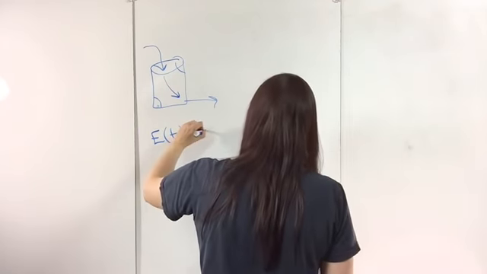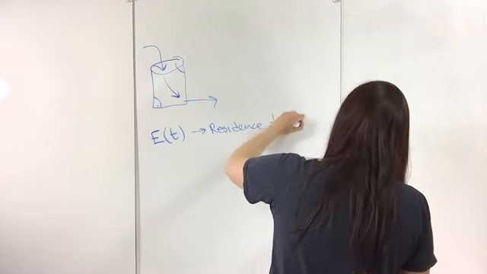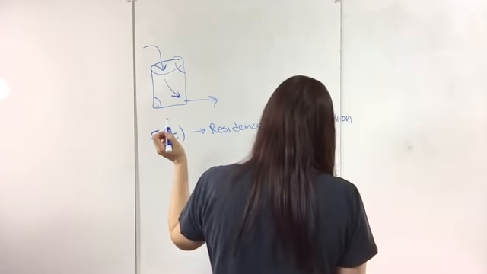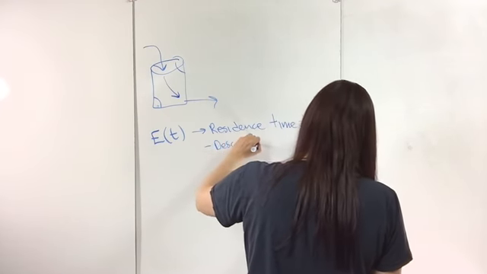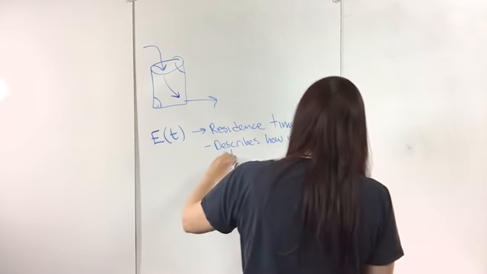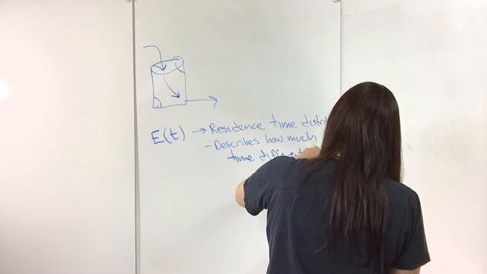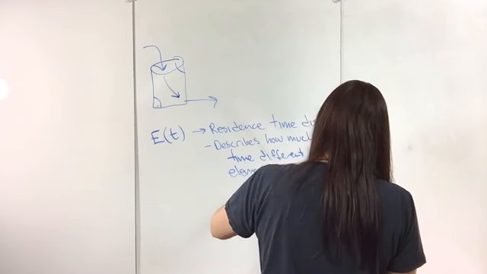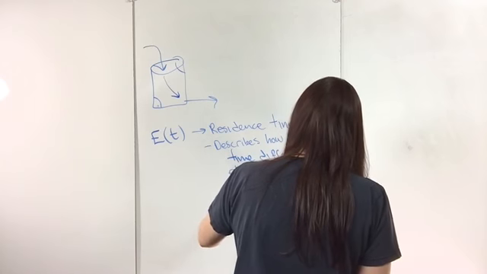This is called the residence time distribution, and it describes how much time different fluid elements spend in the reactor.